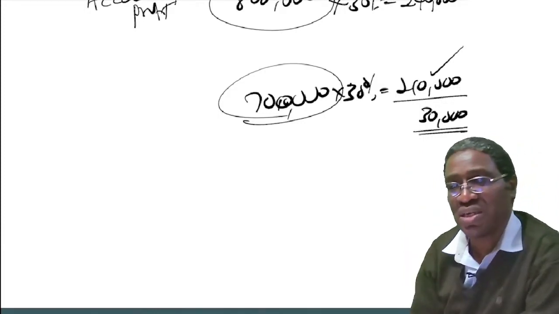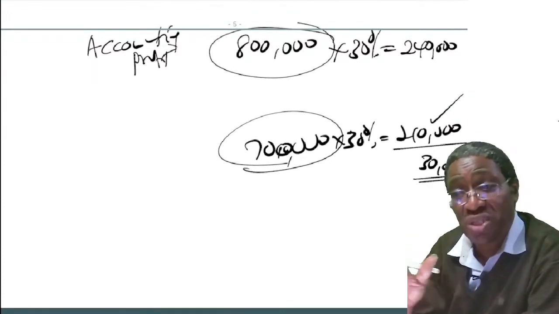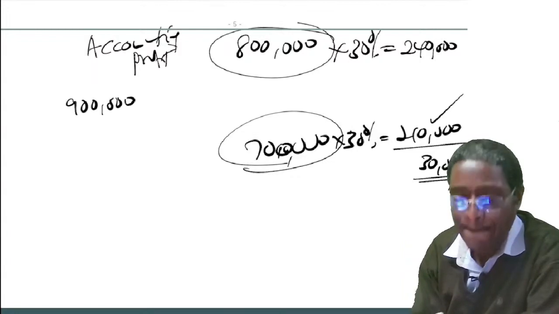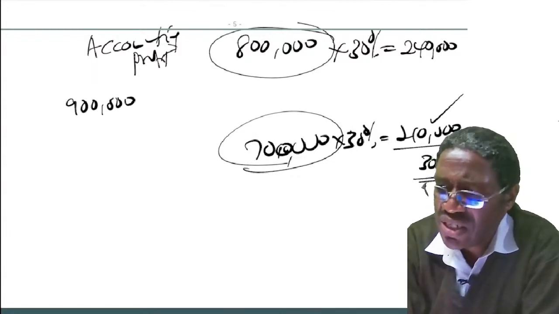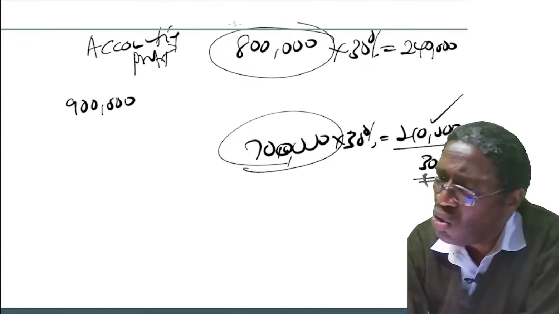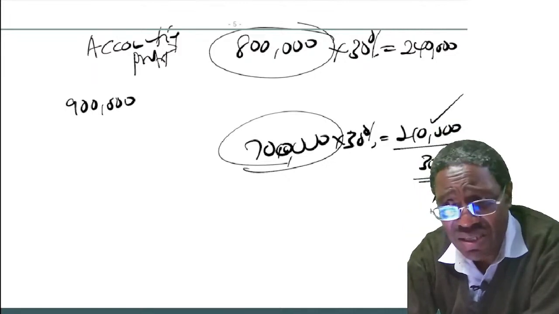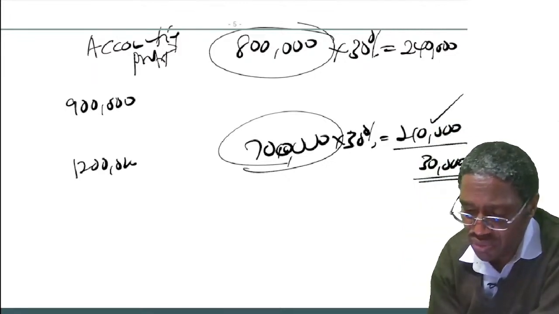Listen to this another case. Suppose in another year you got a profit of 900,000. But in that year, the taxman says that according to his calculations, you're not going to pay me tax on 900, you're going to pay me tax on 1.2, for example.